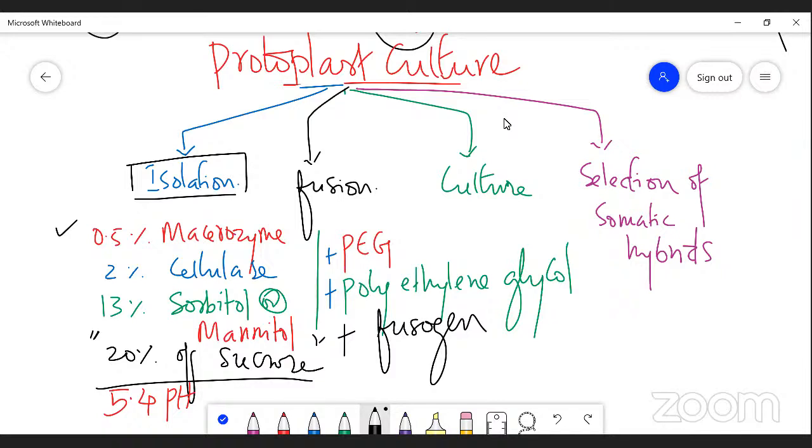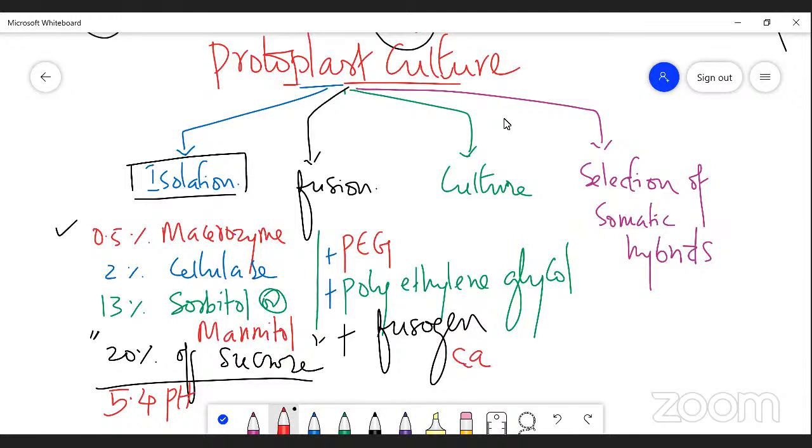Along with the fusogen, in addition to that, one of the nutrients also plays an important role in order to retain the viability of the protoplast. That is simply calcium. Calcium also plays a prominent role in the formation of callus. So when we use polyethylene glycol as a fusogenic agent, calcium is also added.